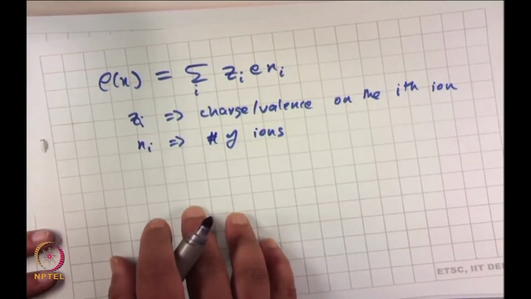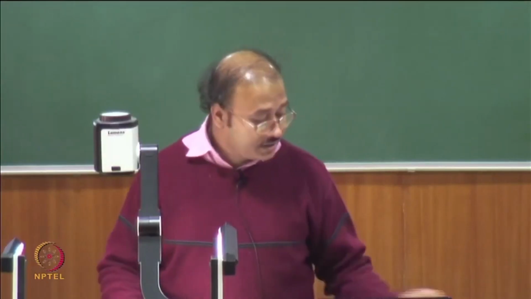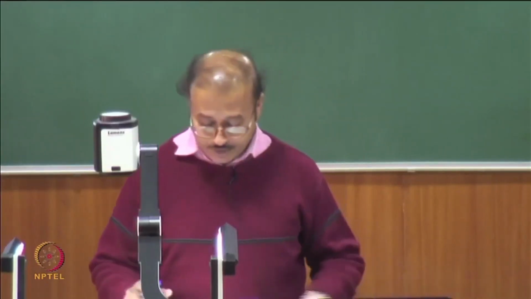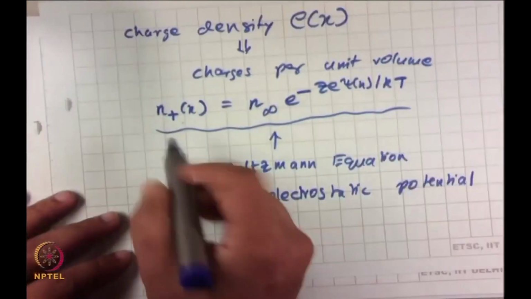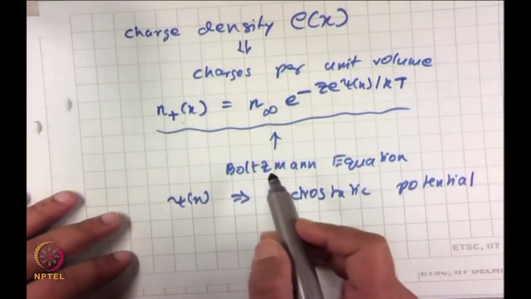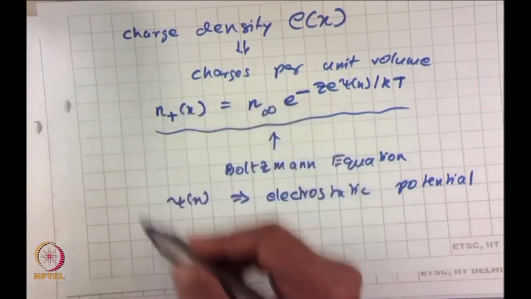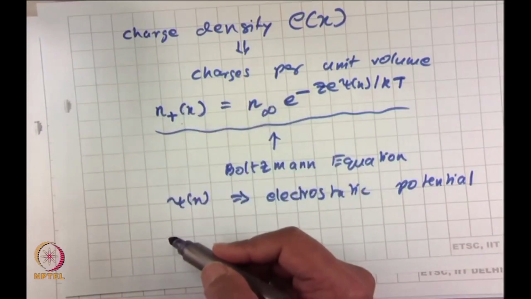But when we talk about the total number of ions, we also have negative and positively charged ions, right. We have already seen before that n plus of x is equal to n infinity e to the power minus z e psi of x over kT. This was for n plus. I can write a similar equation for n minus.